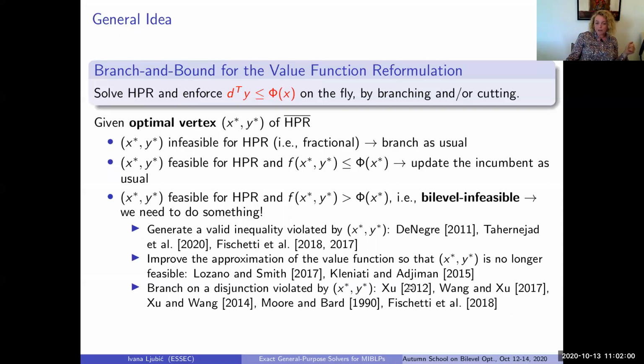And finally, another way you can get rid of this bilevel infeasible point would be to think of applying some kind of branching or multi-branching. And this has been exploited in the Xu PhD thesis and also in their two papers, one from 2017, in which they develop an algorithm called the watermelon algorithm.